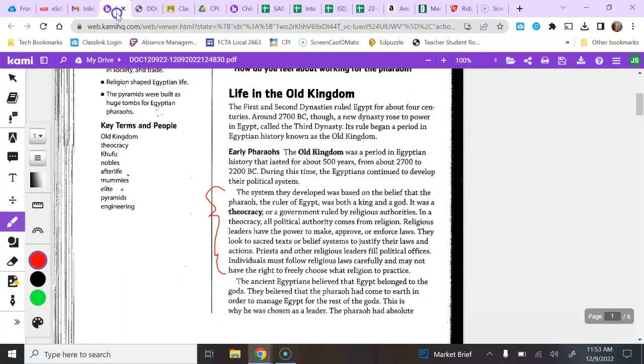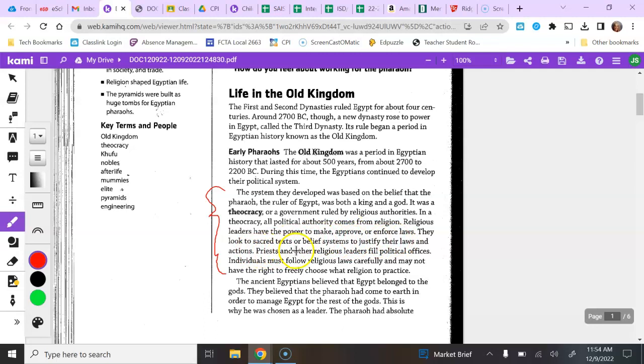So if you go back to page 110, it's in the same paragraph that I just read, but I will read it again. The system they developed was based on the belief that the Pharaoh, the ruler of Egypt, was both a king and a god. It was a theocracy, or a government ruled by religious authorities. In a theocracy, all political authority comes from religion. Religious leaders have the power to make, approve, or enforce laws.